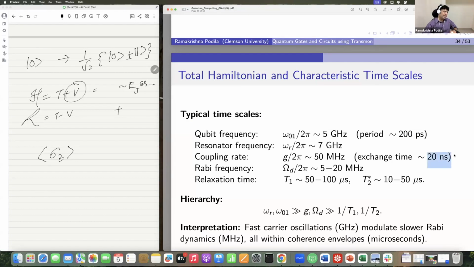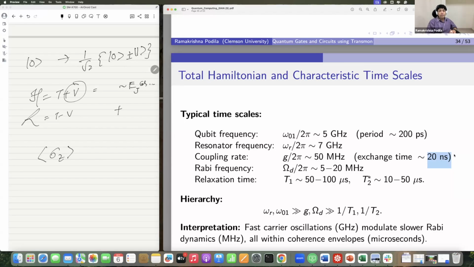So if your state is not coherent enough, that means I send a microwave pulse that has omega 01 energy. When I apply the microwave pulse, the system gets excited. But what happens if you don't read it fast enough? It's just going to decay, right?